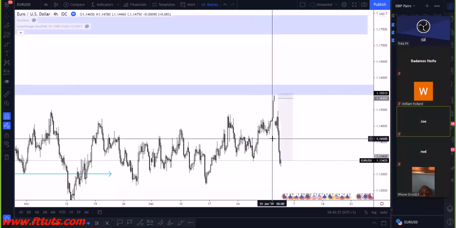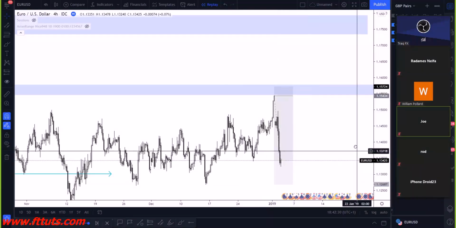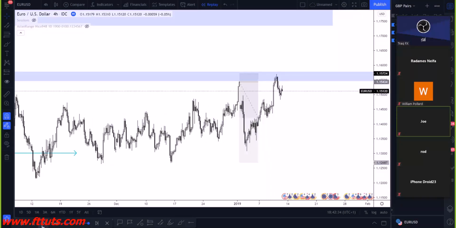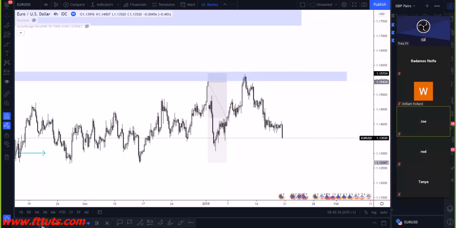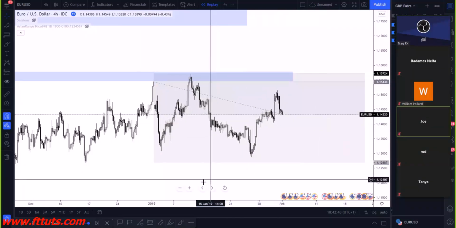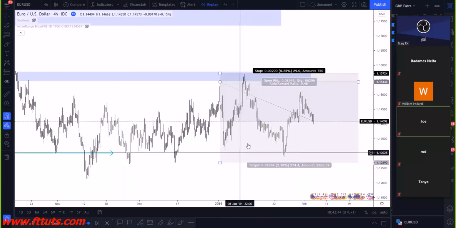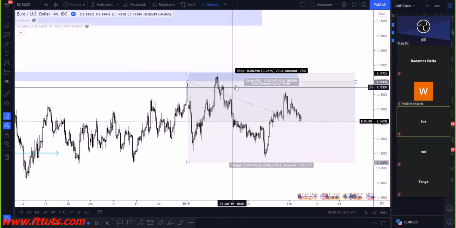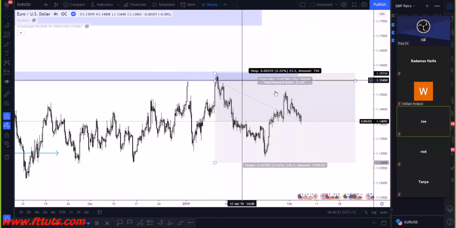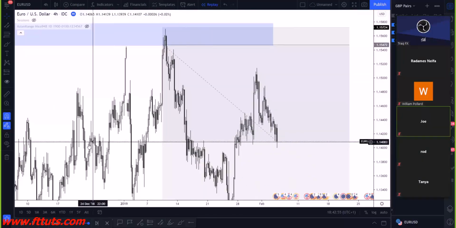Depending on where you're targeting, if your target was down here, let's see if we get tapped in. So overall it did miss targets if you were targeting over here, but this would have been a pretty successful trade. The way you would manage this is once you're in the trade and price breaks some type of structure.